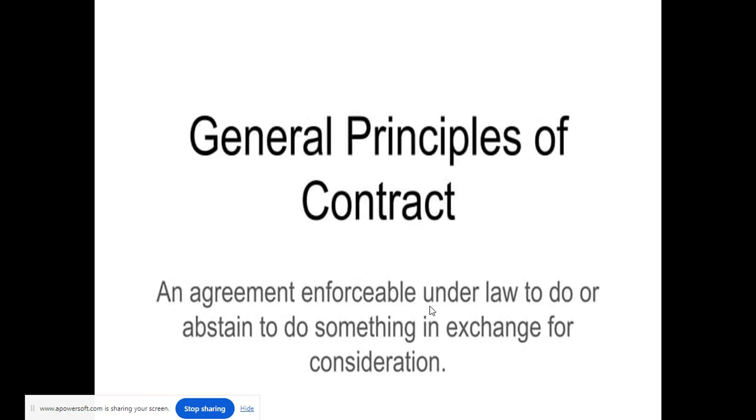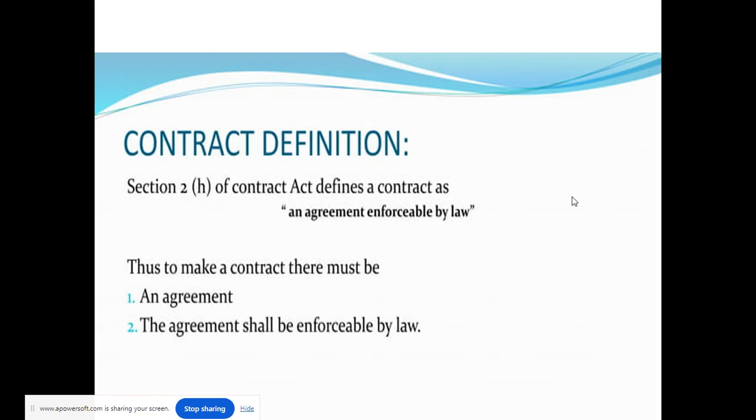An unlawful agreement is the same as a void agreement and is not enforced by law. So the general principle of contract is an agreement enforceable under law to do or to abstain from doing something in exchange for consideration.